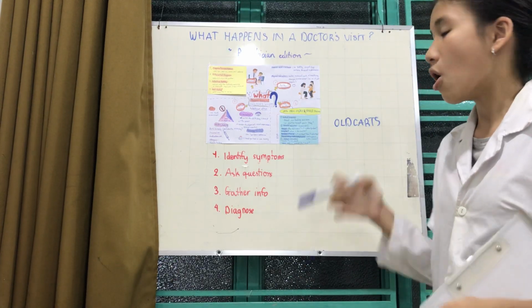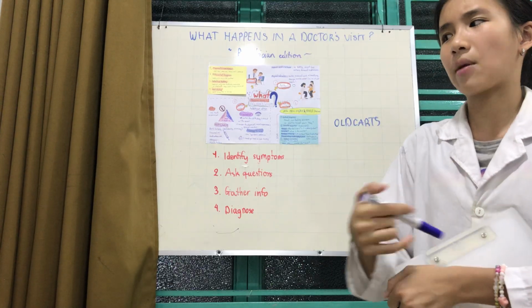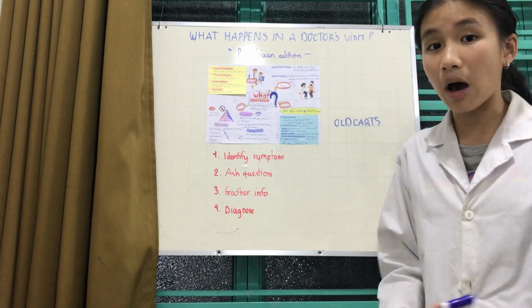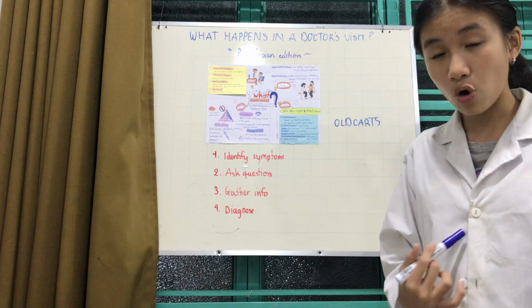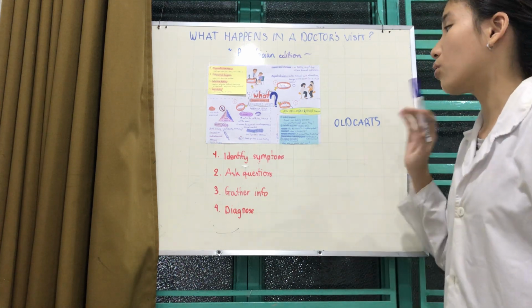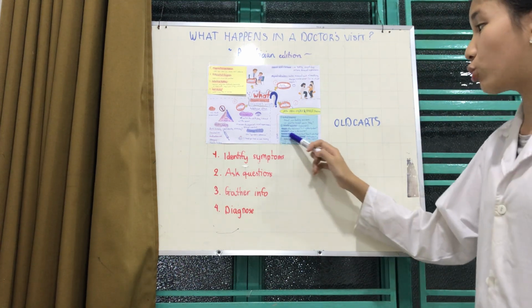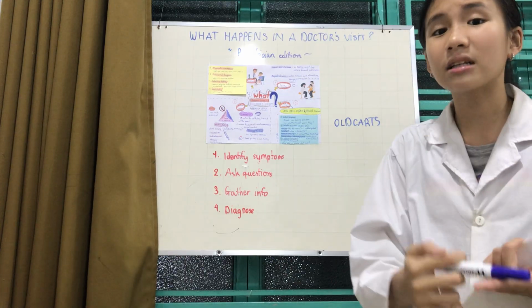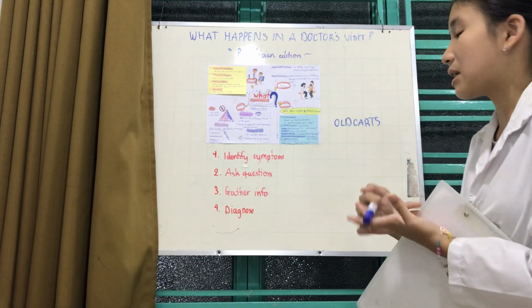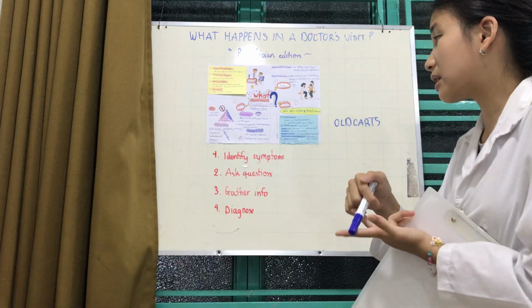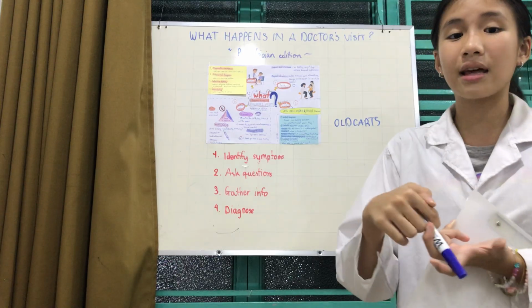Then the location. Where exactly is the problem? Is it in the body, or is it on the chest, or is it on the arms? So that is the location. The duration and timing. Is it constant, or does it wake them up at night?